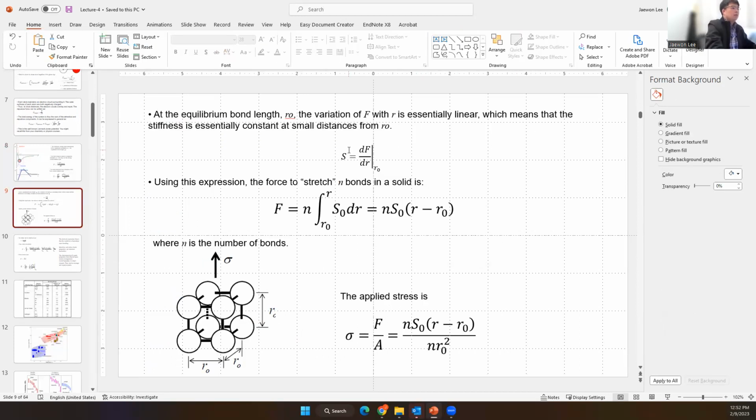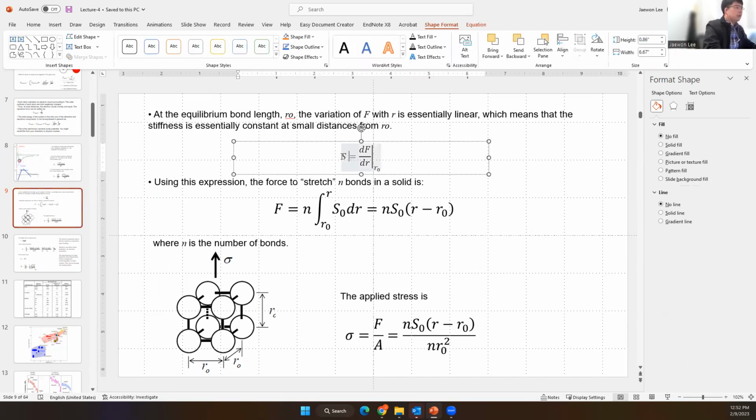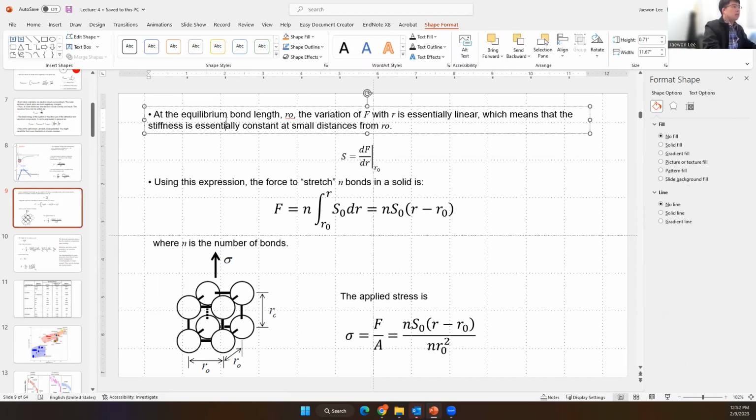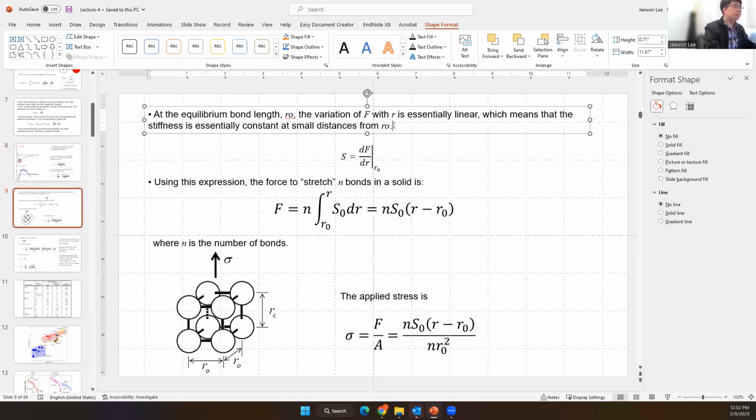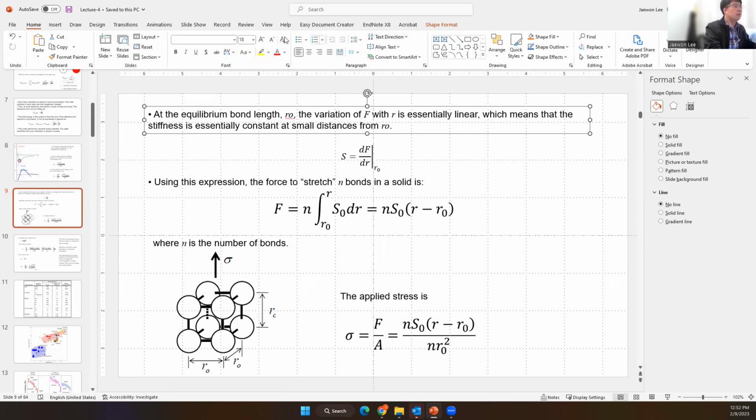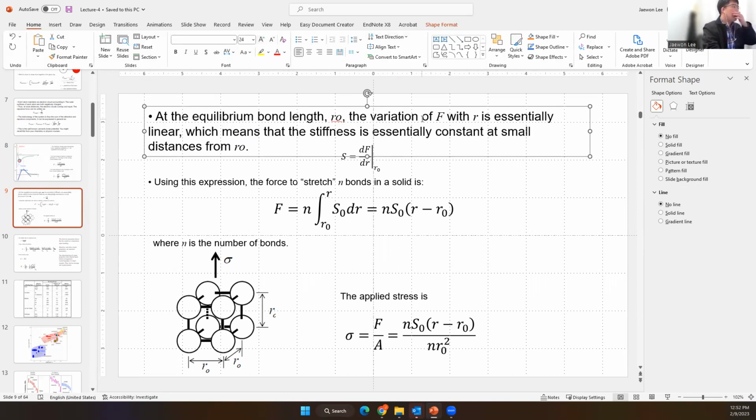So the stiffness could be related to the deceleration. What is the deceleration, the definition of this one? But let's see.